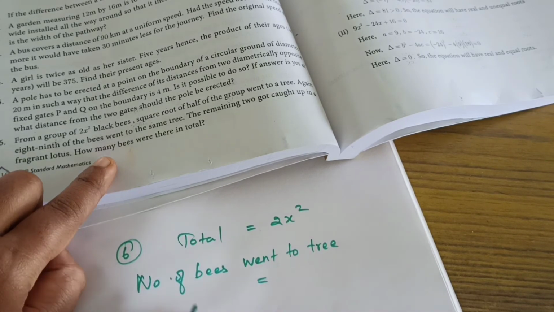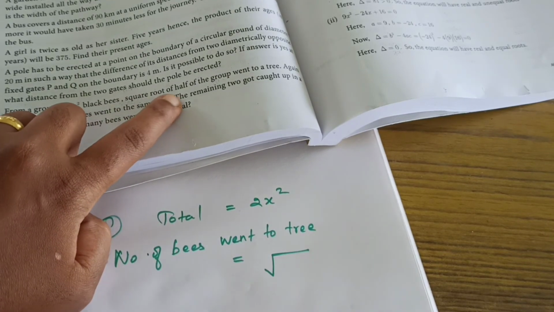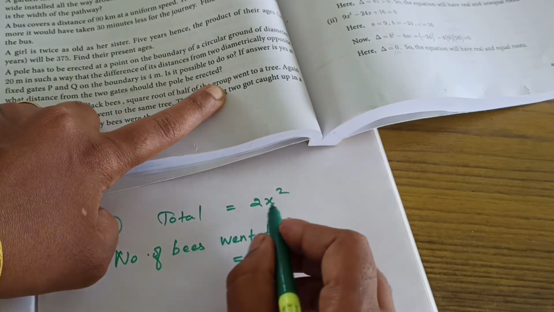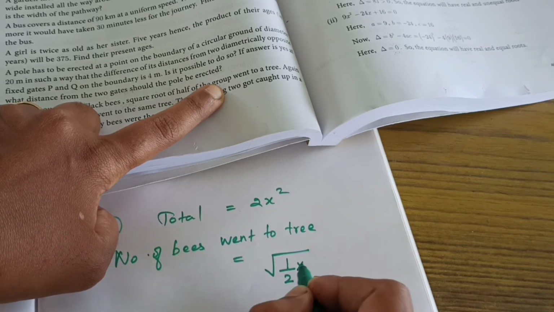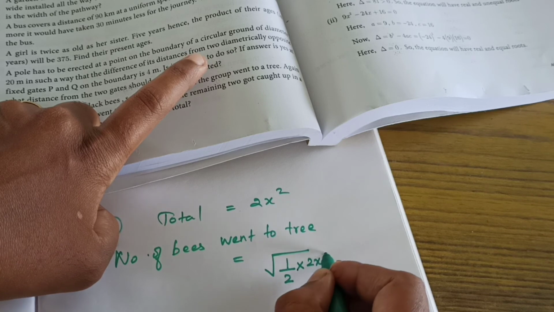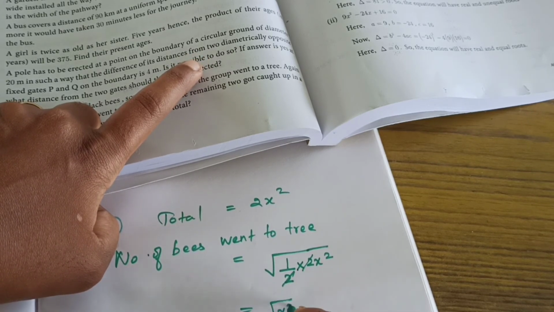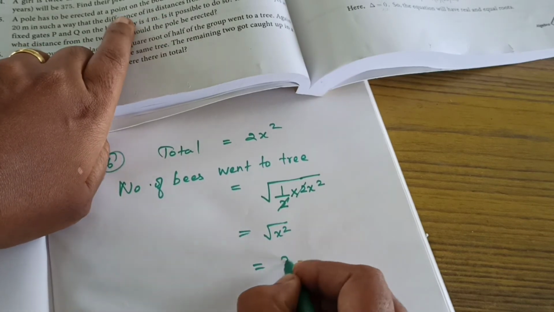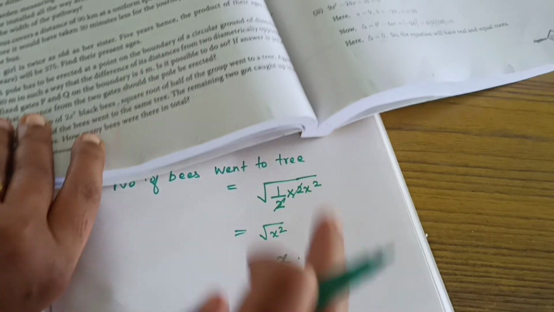How many bees went to tree? Square root of half of the group. Half means 1 by 2, half means multiplication, group means 2x square. Okay. So 2 gets cancelled and root of x square is x only. So the number of bees that went to the tree, after calculating, is x only.